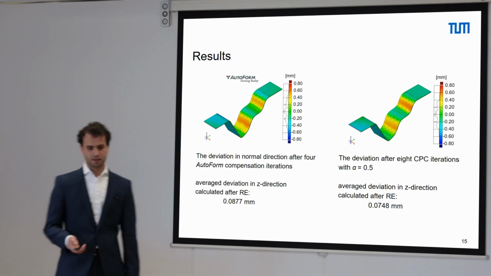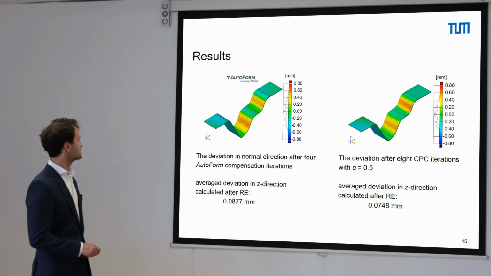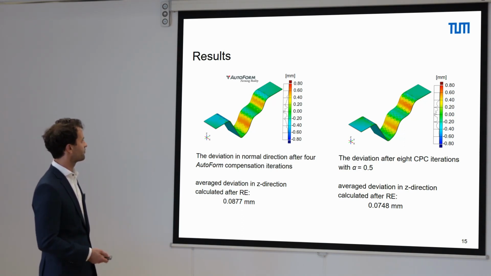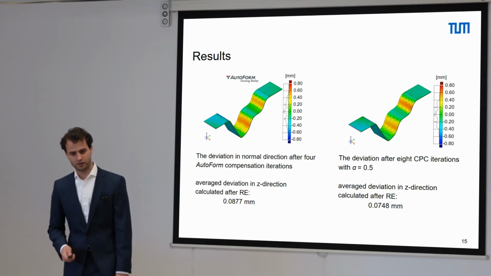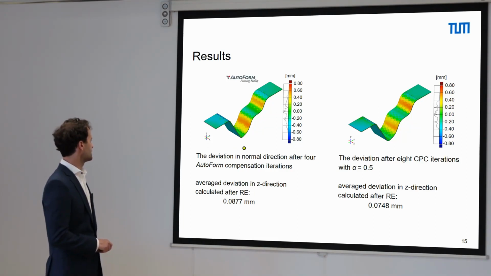And here in this false color image with new boundaries, we have the AutoForm compensation after 4 iterations, and as you can see the drawing depth is reached, and the deviation in this part has decreased a lot.